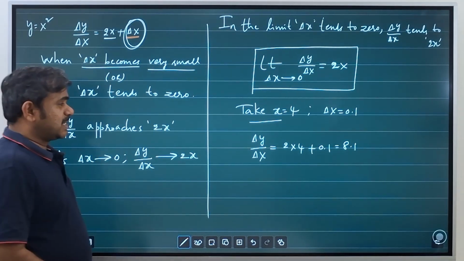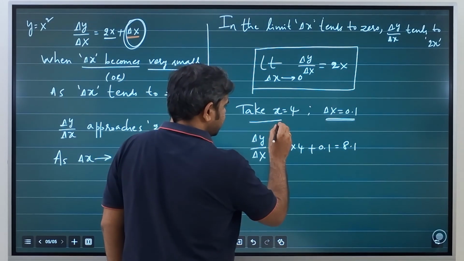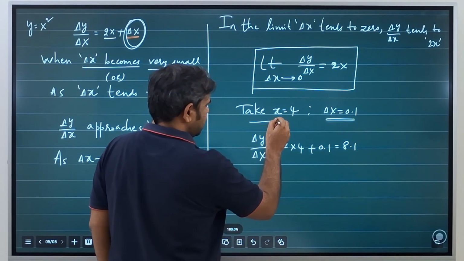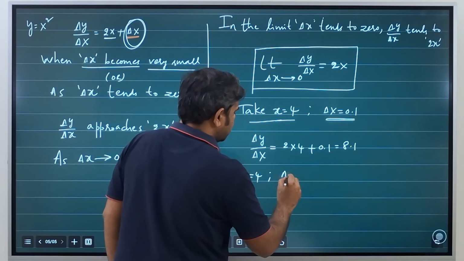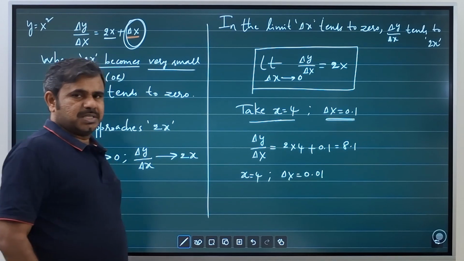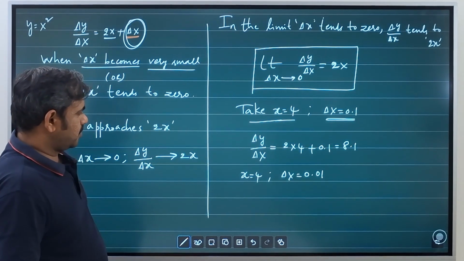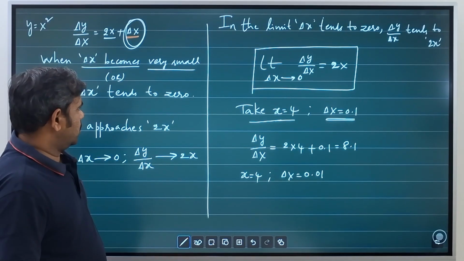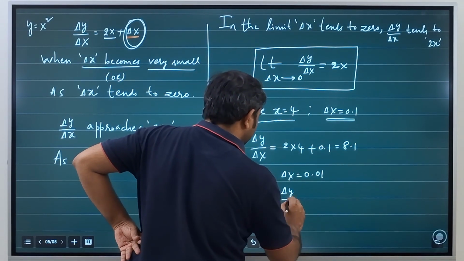Now make the interval smaller. Now take x is equal to 4 again, but delta x 10 times smaller than the previous case. So here, when delta x becomes smaller, find out delta y by delta x.